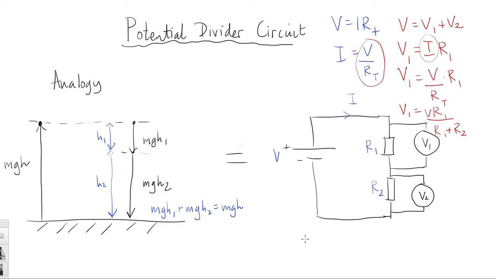So we have an expression for the potential across R1: V1 is the total potential times R1 divided by R1 plus R2. So we can say that R1 takes its share of the total potential, and therefore V2 equals V times R2 over R1 plus R2.